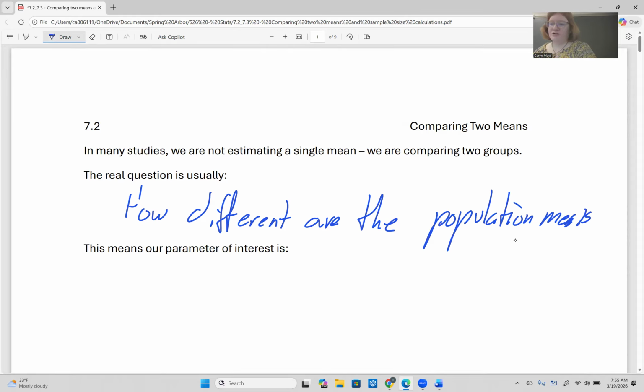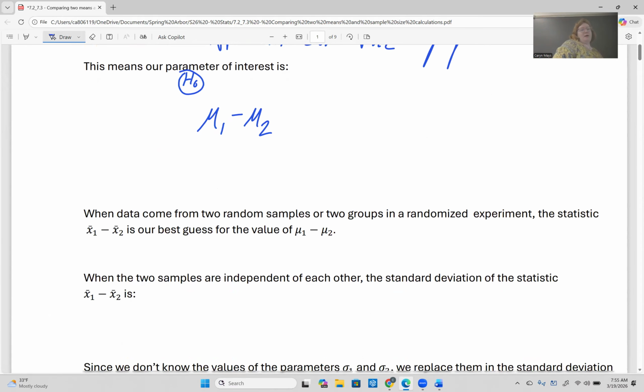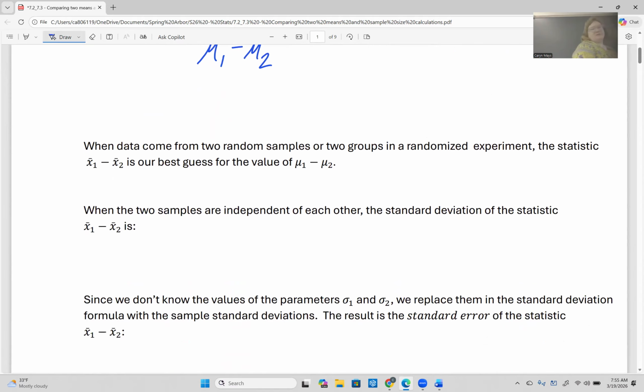And with that question, our parameter of interest, the thing we're going to look at for H naught is mu1 minus mu2. And then when our data comes from two samples, our best guess for mu1 minus mu2 is x1 bar minus x2 bar.